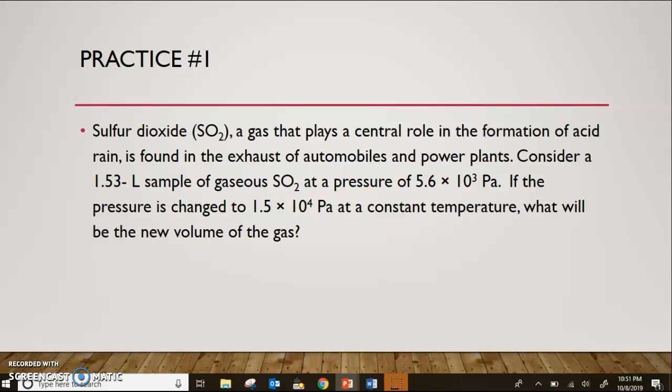So, for instance, if I'm looking through this, I know that I've got a volume, I have a pressure and another pressure. So I know right away what my variables are before I start working out my problem.